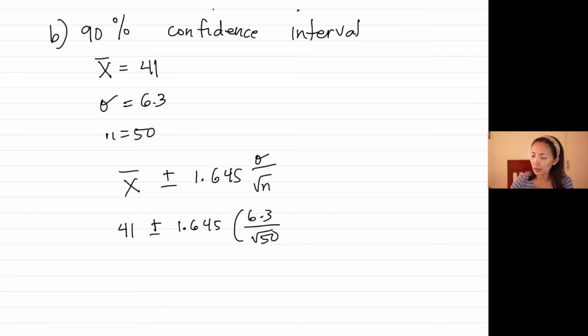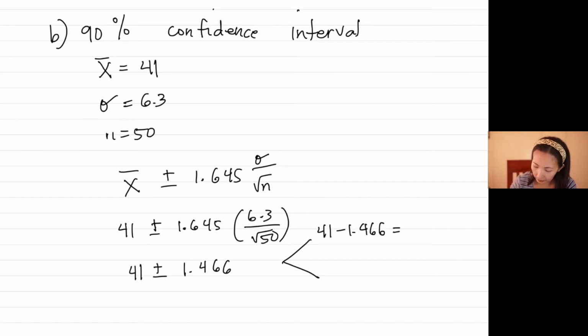Okay, let's simplify further. 41 plus minus 6.3 divided by the square root of 50 times 1.645 is 1.466. Okay, which means that our limits will be 41 minus 1.466, which is 39.53, and 41 plus 1.466 is 42.466.